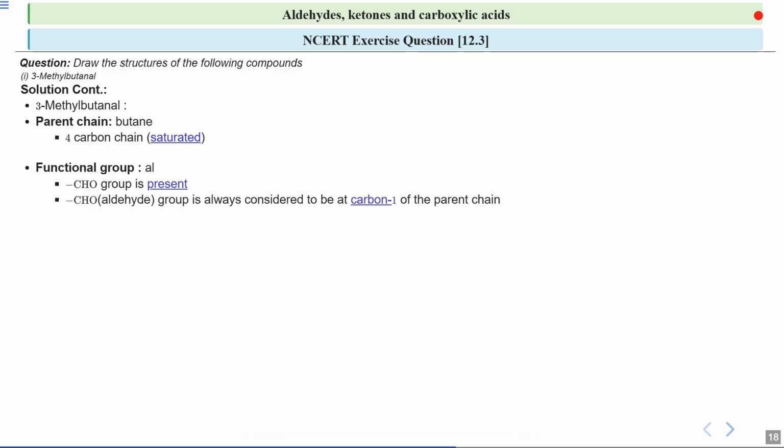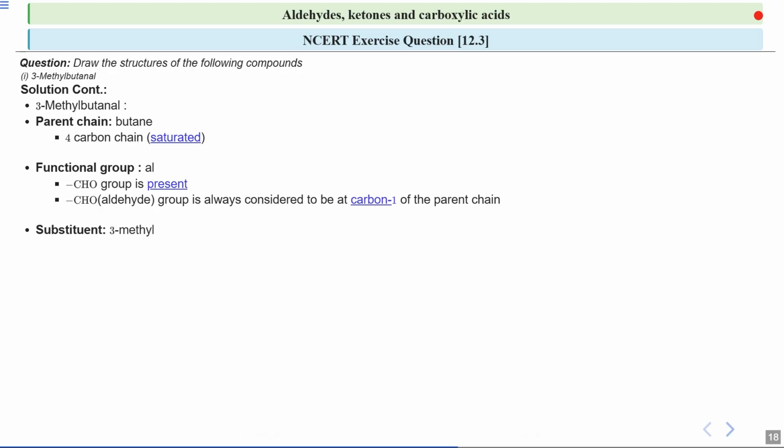So it is important to remember that the CHO group is always assigned to carbon number 1 in the parent chain. This means that the numbering starts from the end with the aldehyde group, ensuring that the functional group gets the lowest possible number.